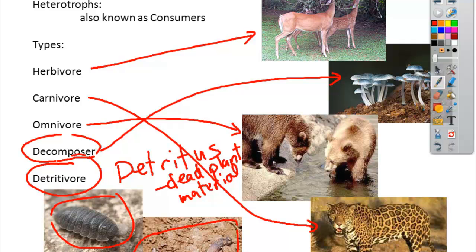They are going to take large material that died and break it down, and we like to call them detritivores, into smaller molecules, which then can be broken down by our good old fungus and decomposers. So these are heterotrophs, feeding relationships in which you fall into different categories here.